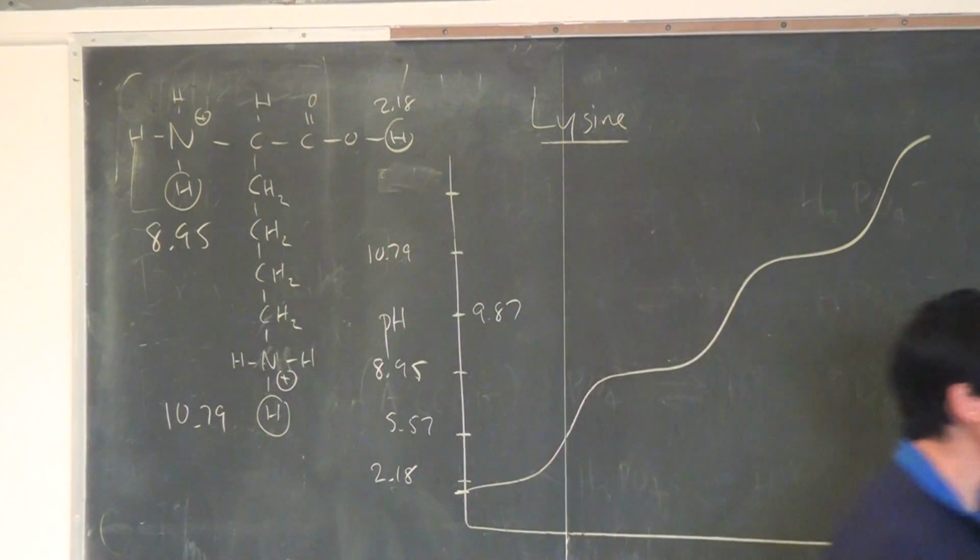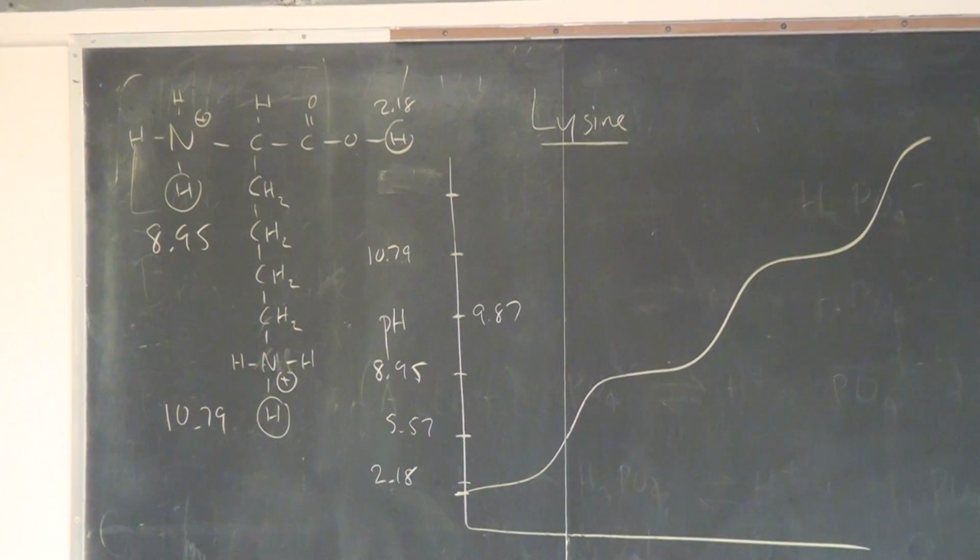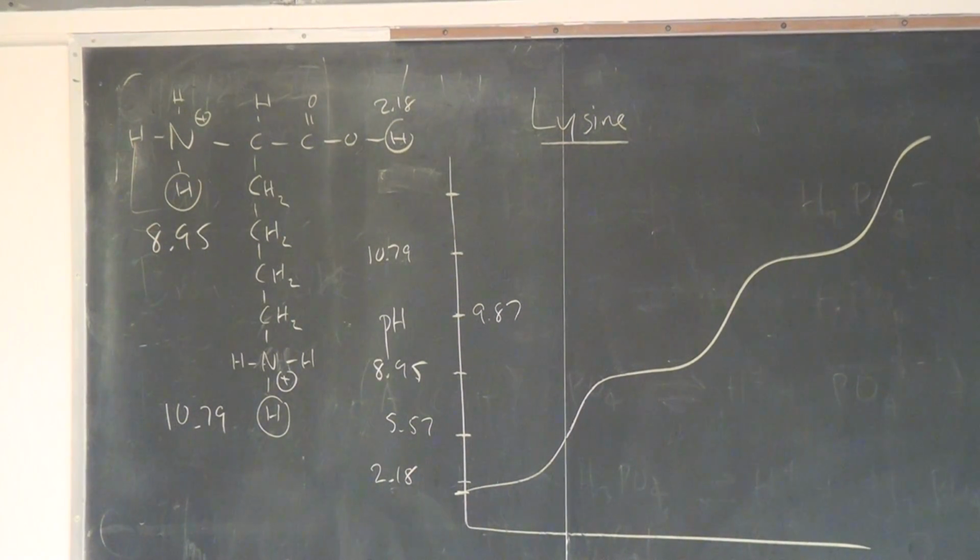And while you're doing that, let's go over here for this side. So at the first halfway point, the pH is equal to 1.82. At the second halfway point, it is equal to 6.04. At the third halfway point, 9.17.